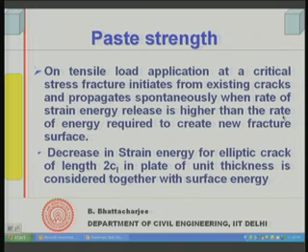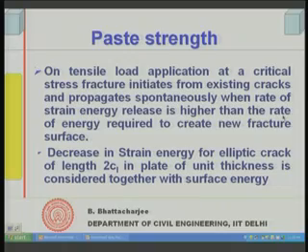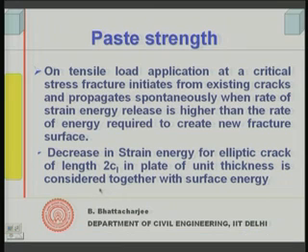He assumed an elliptic crack of length 2C, as we are expressing here, in a plate of unit thickness, and considered this together with the surface energy. Let us see, the next slide will show us that better.